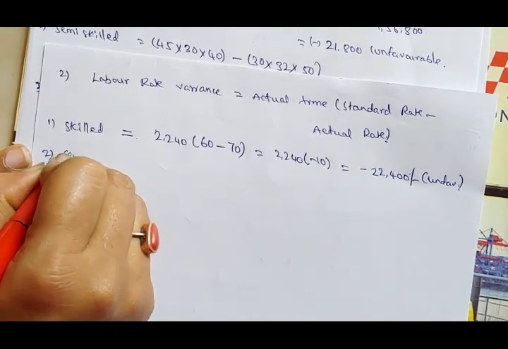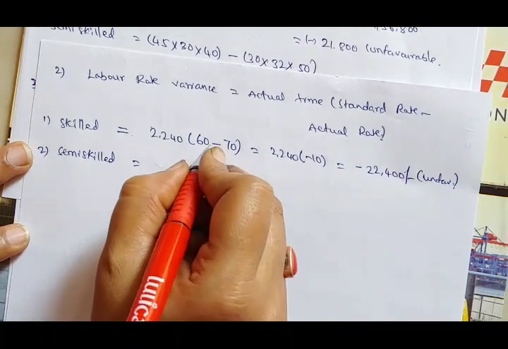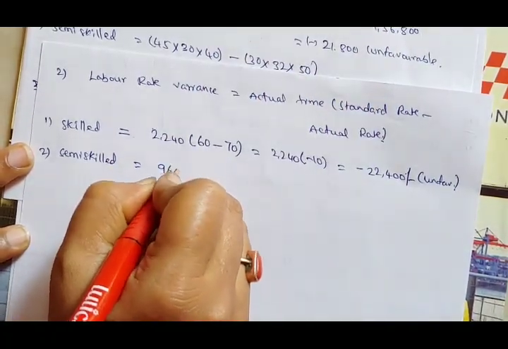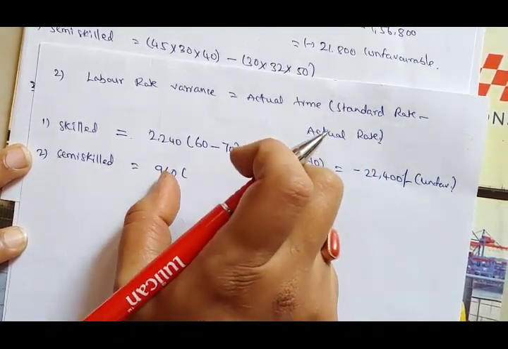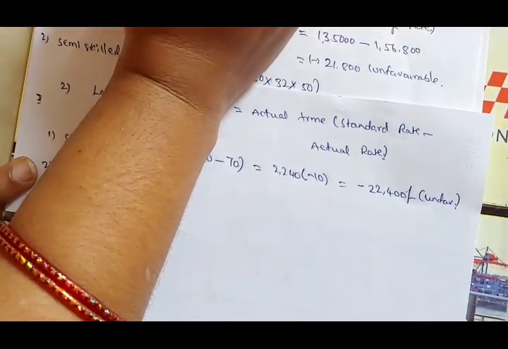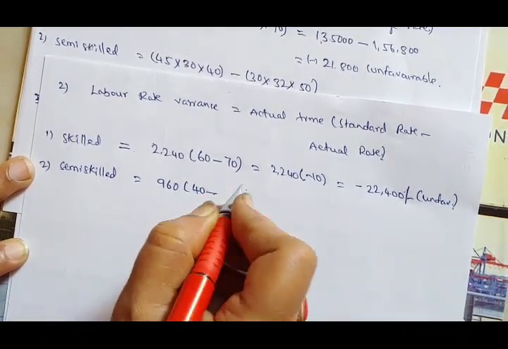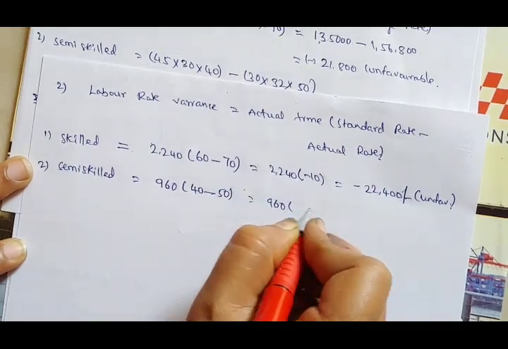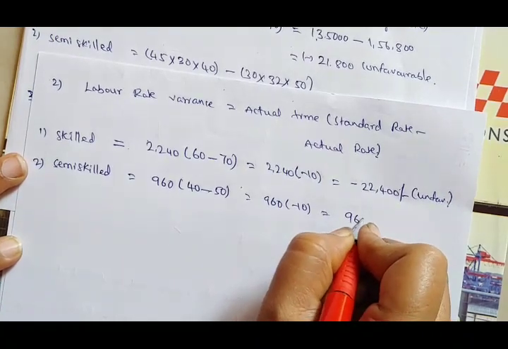Next, semi-skilled. Actual time is 960. Standard rate for semi-skilled is 40 rupees minus actual 50, equal to 960 into minus 10, which is equal to minus 9,600.